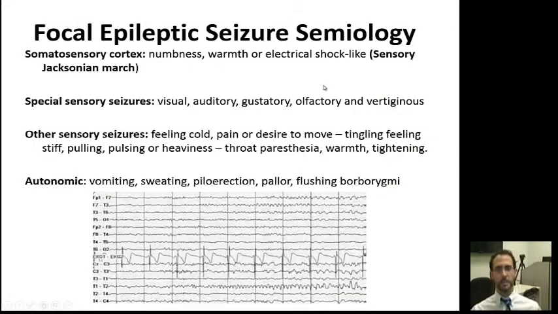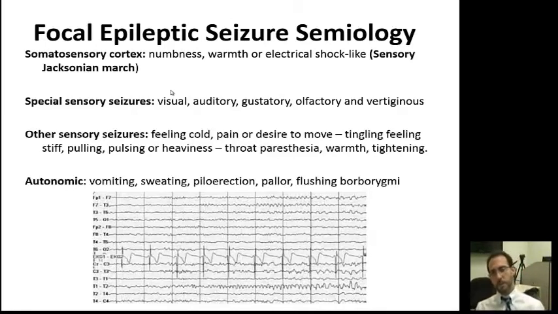For focal epileptic seizure semiology, like I said, whenever it's coming from the somatosensory cortex, it can have numbness, warmth, or electrical shock sensations, and that can also be distributed in a Jacksonian march. The same distribution that I mentioned before applies not only for the motor part of the brain, but also for the sensory part.